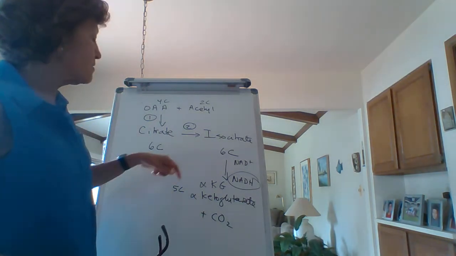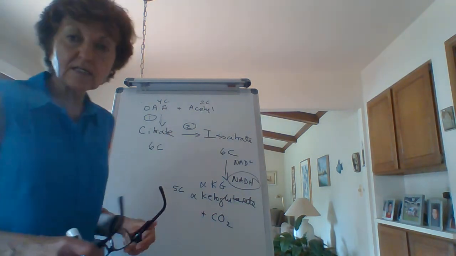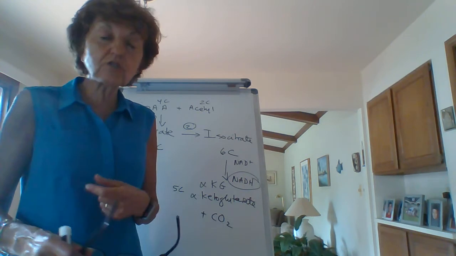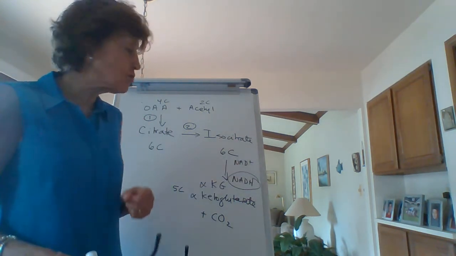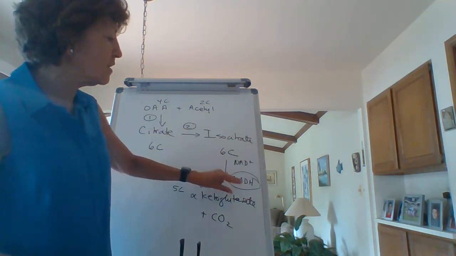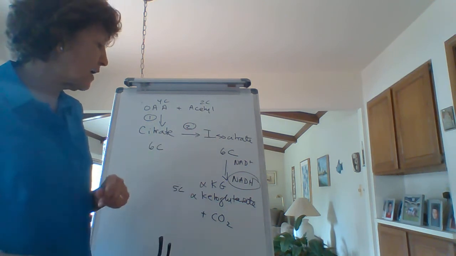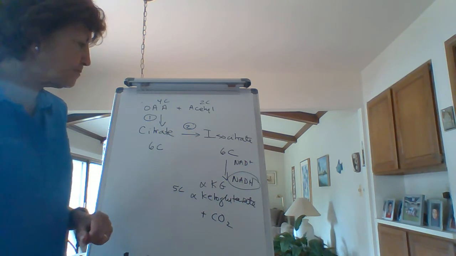This reaction is catalyzed by an enzyme called isocitrate dehydrogenase. Remember, dehydrogenases catalyze redox reactions. They removed hydrogens from isocitrate, put them onto NAD, and it became NADH. So isocitrate became alpha ketoglutarate and a carbon dioxide.